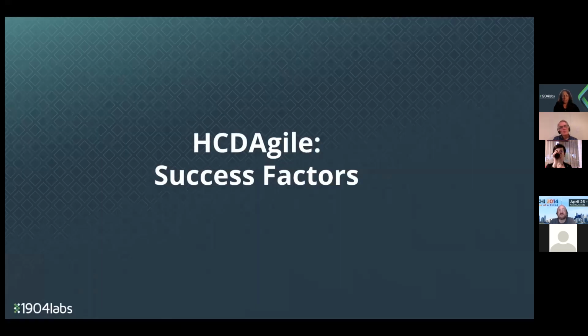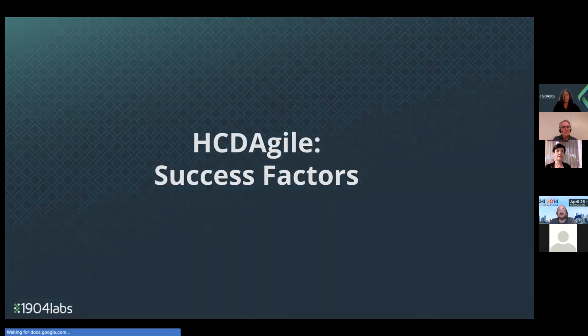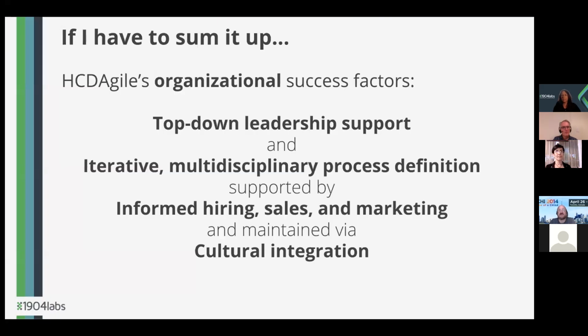So what is it that makes HCD Agile successful? If you boil it down, from an organizational perspective, four things: leadership support, top down. Got to be there, because I've been in a lot of places where you didn't have that and everything else was working, but if you don't have that leadership at the top, it's really hard to make this work.